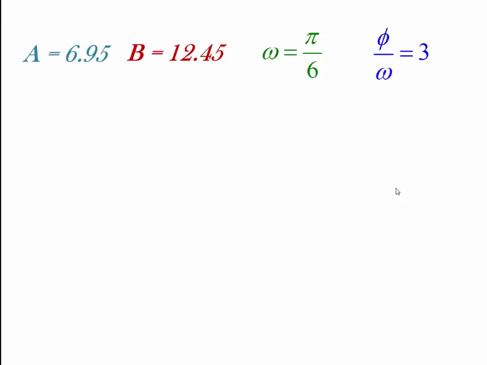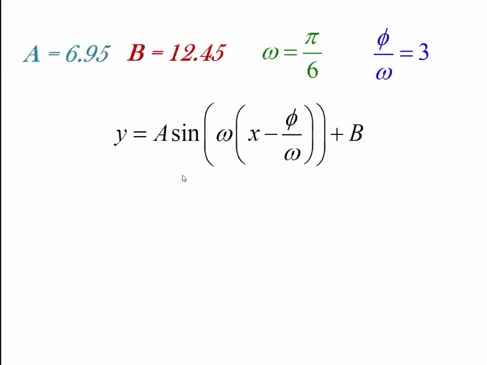By taking these values we've found for A, B, omega, and phi over omega, we can create our equation. We know this is our standard form of the equation, y equals A times sine, and we're assuming sine with a positive coefficient, omega parentheses x minus phi over omega. And this x could be theta just as easily. It's really interchangeable.